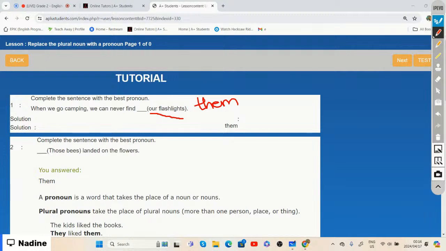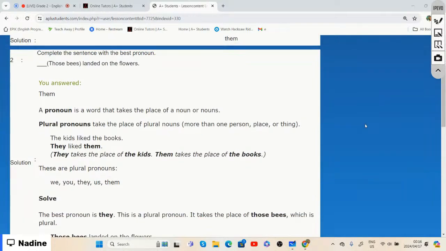So once again, before we continue, we said a pronoun is a word that takes the place either of a noun or nouns.